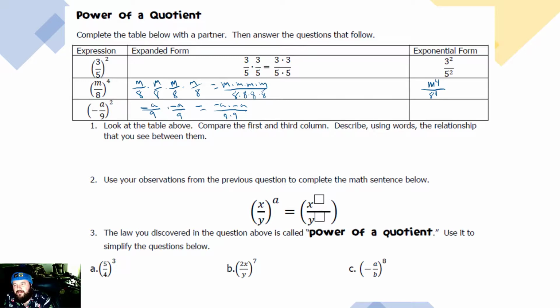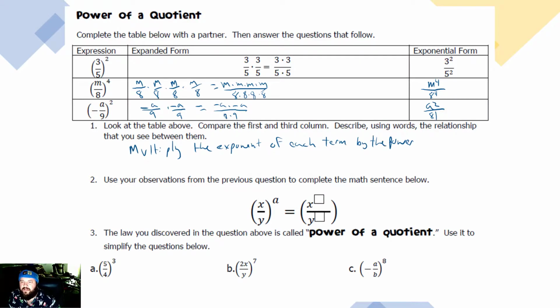So negative times negative is a positive, so we have a squared over 81. We're going to multiply the exponent of each term by the power.